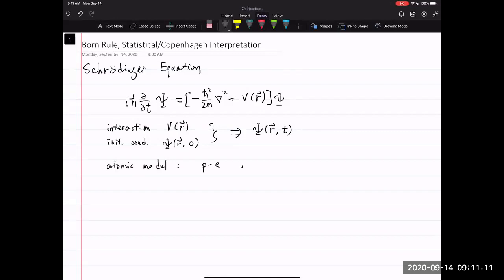Electrons and protons attract each other by this Coulomb interaction. And for the Coulomb interaction, V of R, with some coefficient, is proportional to 1 over R. And we can plug this 1 over R in here and solve this Schrodinger equation. Then you'll be amazed that the simple equation will give us the orbitals of electrons, their energy, and explain everything about the hydrogen atom very precisely.